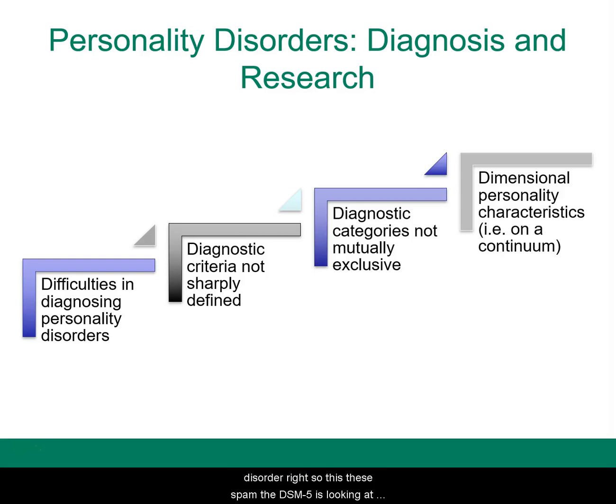So the DSM-5 is looking at, okay, this person has this and this and this trait. But on a continuum, is that enough to then label this individual with an actual disorder? Because that label will not leave them, right? They will be labeled for the rest of their life.